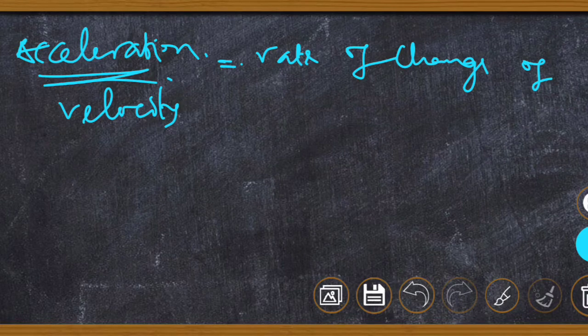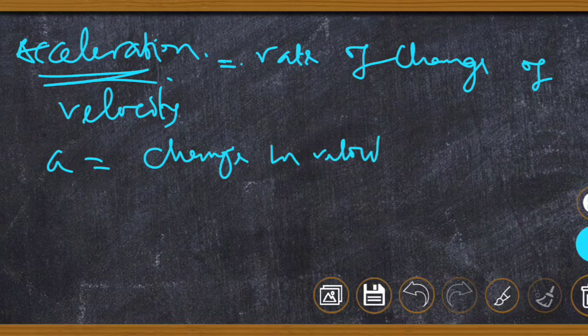That is how a body's speed and direction changes. What acceleration is talking about is how the speed of a body and the direction changes. That's what acceleration is all about. So in a nutshell, acceleration a is always equal to change in velocity all over time taken.